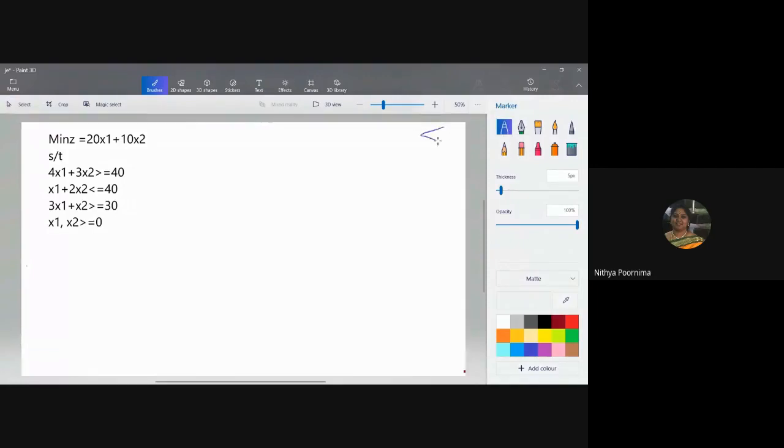First I said make sure the equation is less than or equal to. Then you have equations of greater than or equal to. So as a first step, what I'm going to do is make sure that these equations are arranged in that order. Is it clear? So first let me write the normalized form for this.